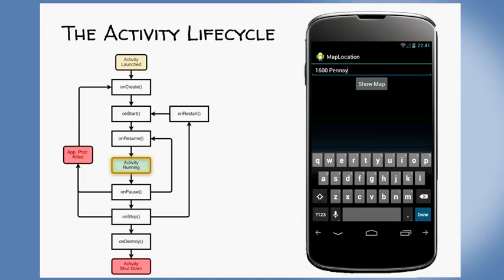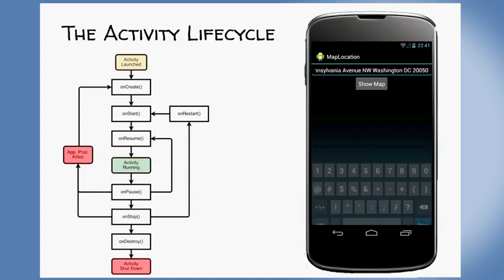At this point, the user will normally enter an address in the address box. Once the address has been entered, the user will normally press the Show Map button, which will launch Google Maps. Now, as Google Maps starts up, it will have its own initial activity that will go through its own life cycle and receive its own life cycle callbacks.